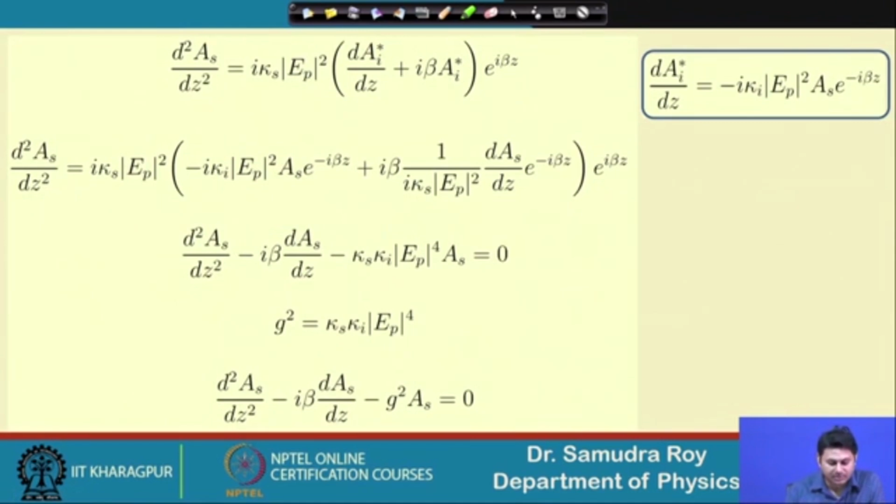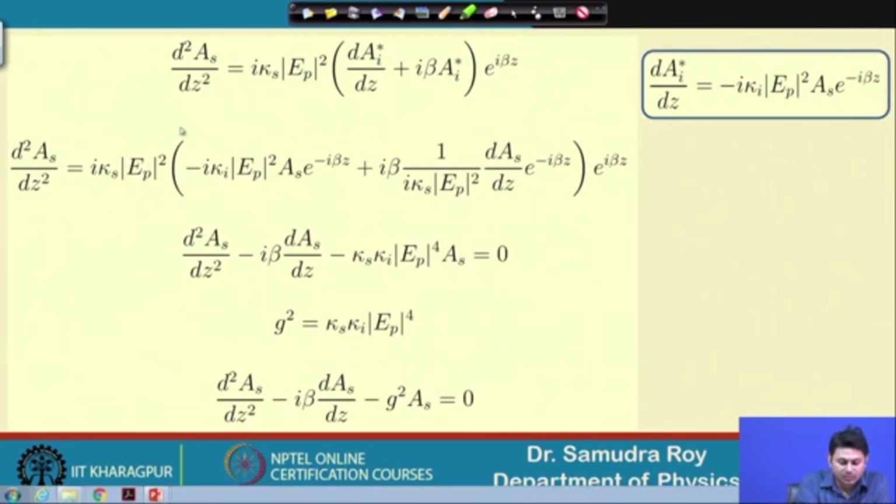As I mentioned, we make the derivative with respect to z of A s. When we make a derivative, there will be two terms. One is this, which is a constant. So, dA I dz will be here, plus I beta A I star and e to the power I beta z will be there. So, this is the derivative with respect to z for both sides of A s.